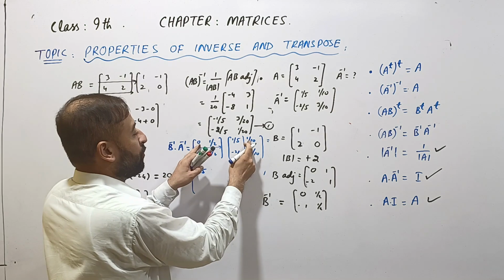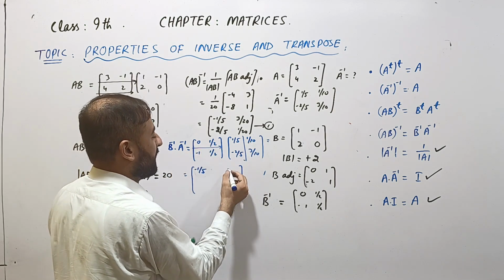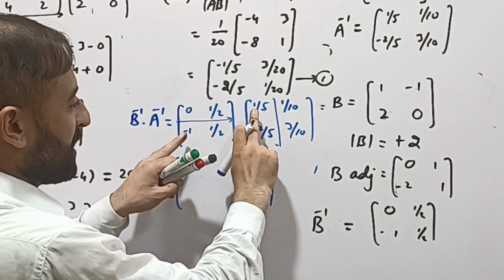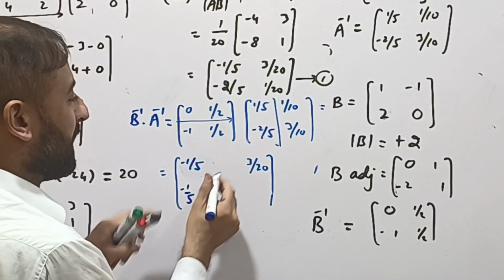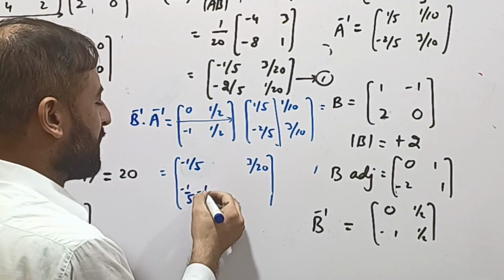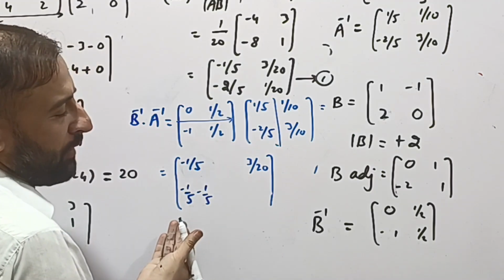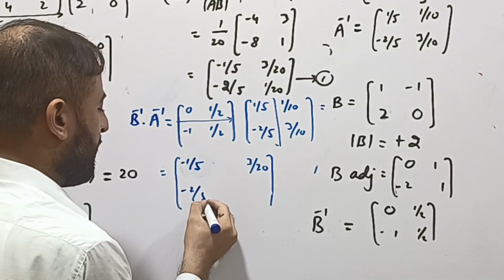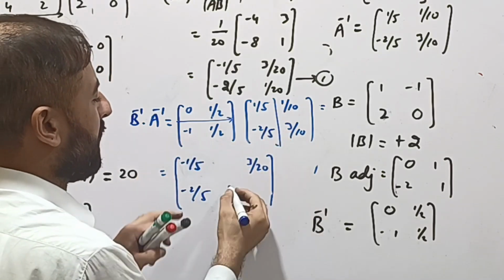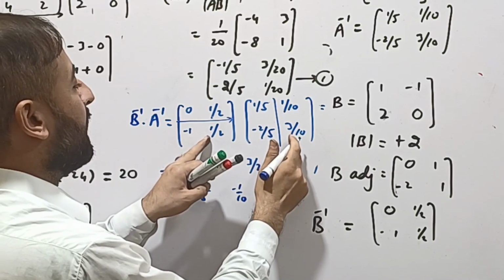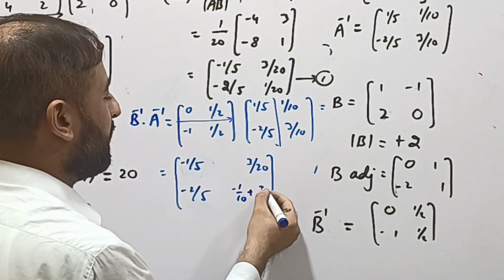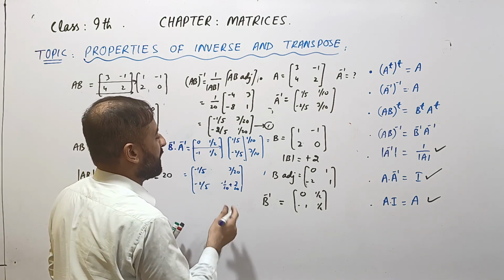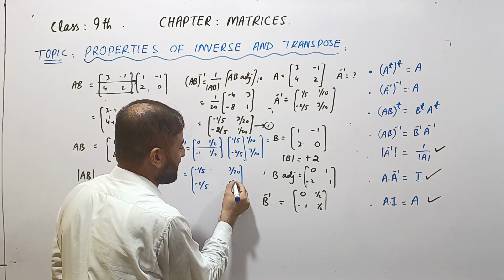In this one, 0 plus 3 by 20, directly I write 3 by 20. Next, this one will be -1/5. Multiply these two, students, 2 cancel, so it will be equal to -2 by 5. 5 LCM, -1, -1, -2 by 5. And these two, students, -1 upon 10 and plus 3 by 20, 20 LCM, -2 plus 3, 1 by 20. This is your result, students.